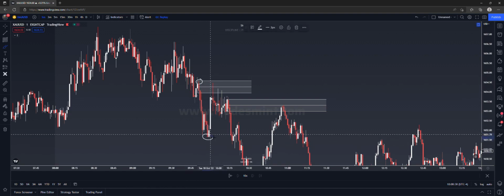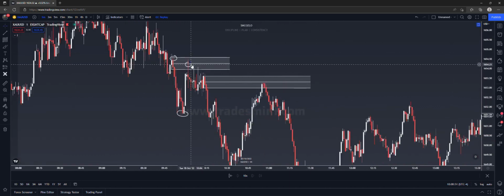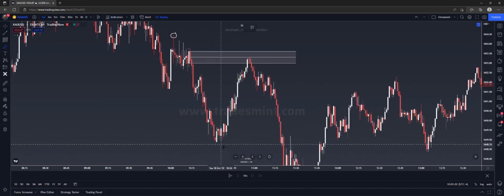High the move, low the move, price comes back up, tap into the 50% of the supply, and then fall, right? So now I'm like, okay, the next supply that we form, I'm going to be looking to take sells from. So from this move, right here, this was the high up here, and this was the low, right?